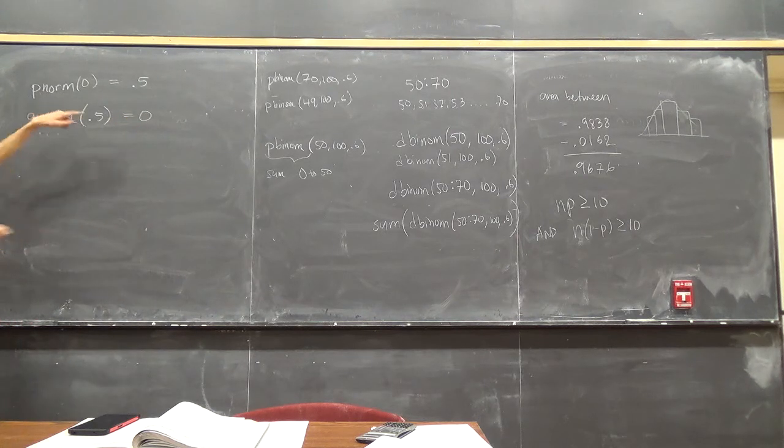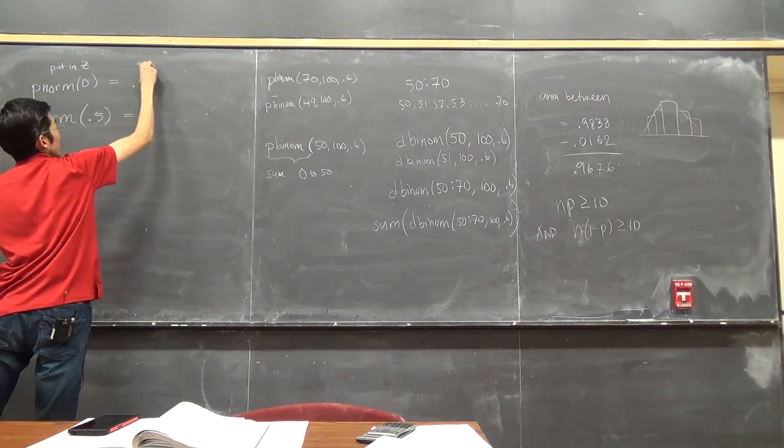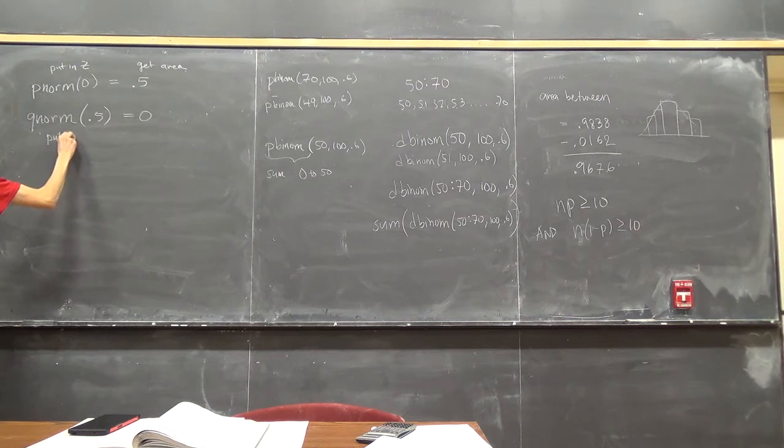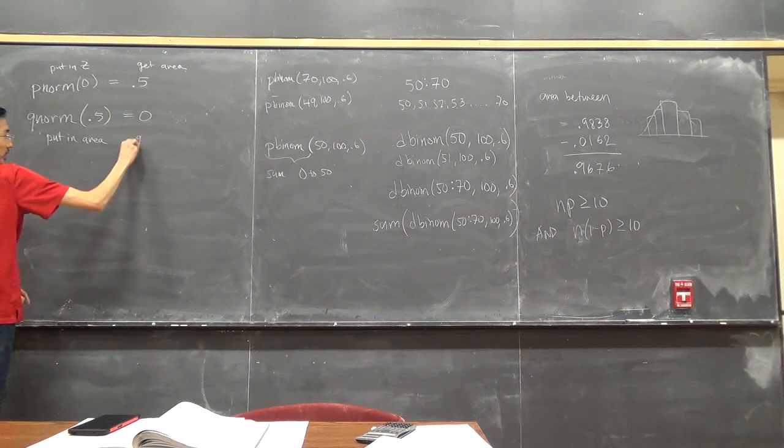It basically has a built-in z table that's way more precise than the table that you have in the back of your book. So you put in a z-score, and you get an area. And here you put in the area, and you get a z.